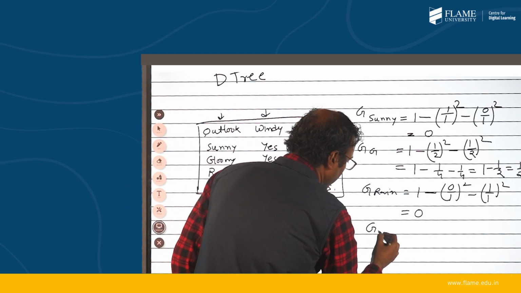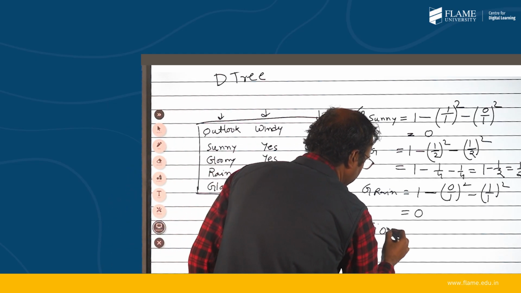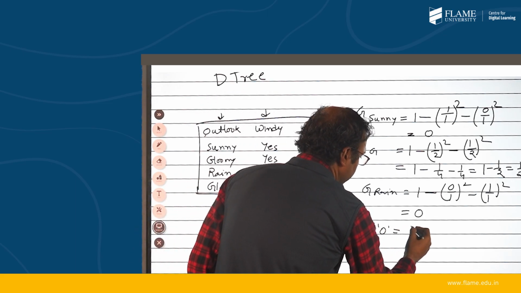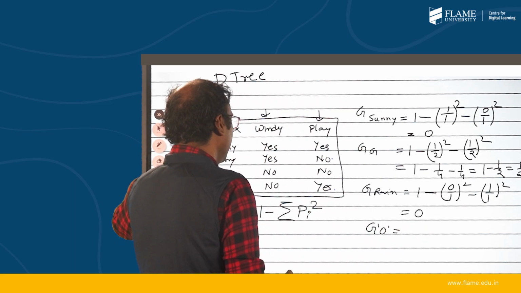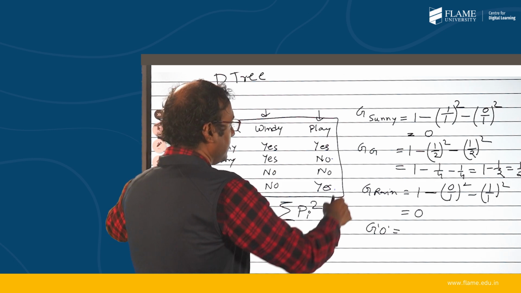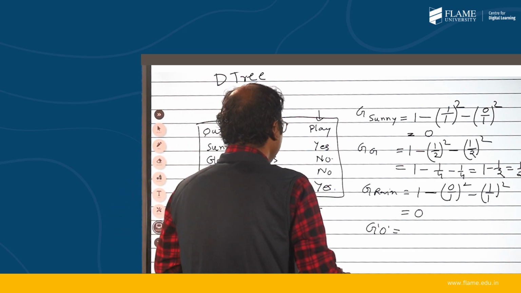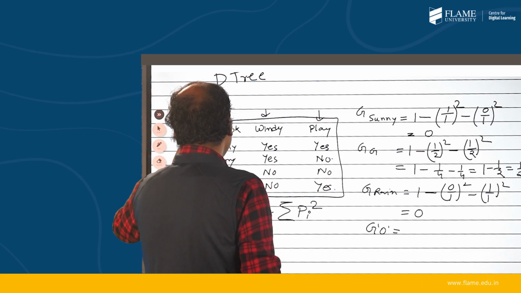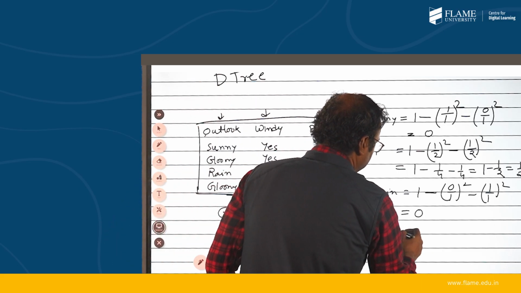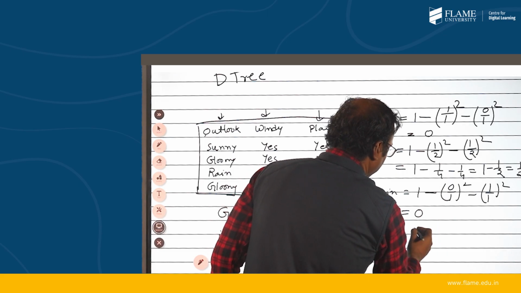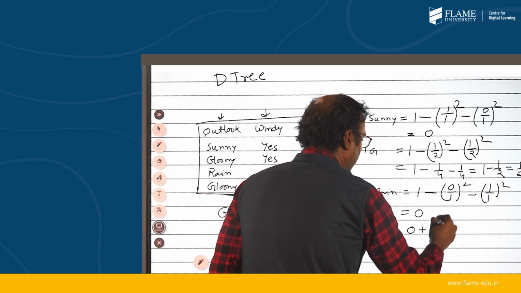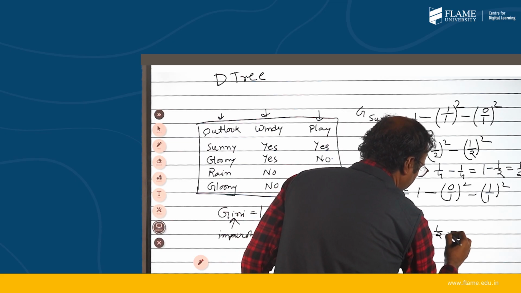So G outlook will be, you have to just calculate how many cases your particular level is appearing. In this case, Sunny appears only one time. So how many cases are there? 1, 2, 3, 4, so 1 by 4. So I can straight away add this value, 0 plus half plus 0.